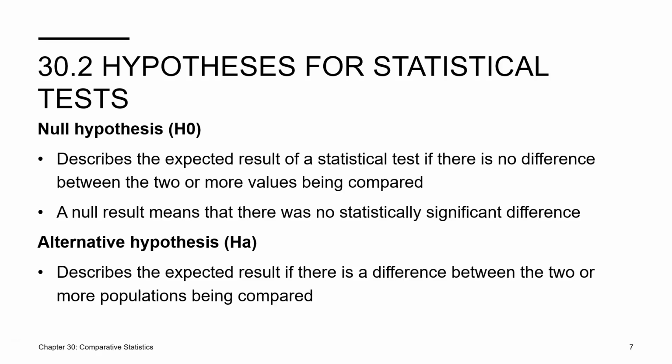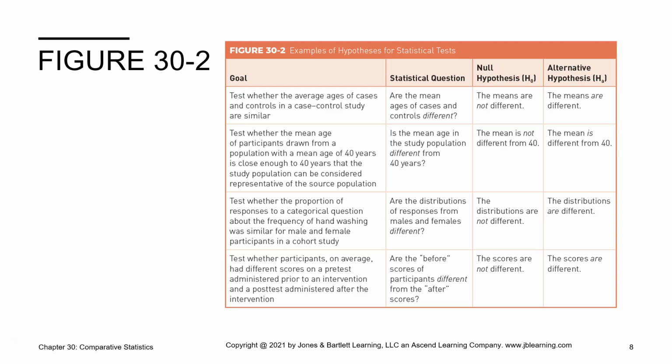Whereas an alternative hypothesis, usually represented as Ha, or it could be represented with a number, describes the expected result if there is a difference between the two or more populations being compared. So a null hypothesis is that there's no difference between the two, and the alternative hypothesis would be that there is a difference. And so Figure 30.2 goes over some different examples of hypotheses for statistical tests.